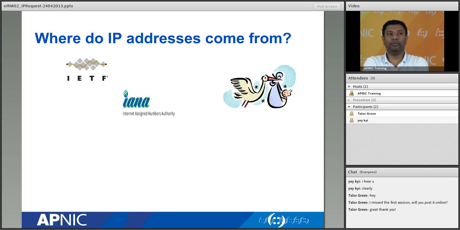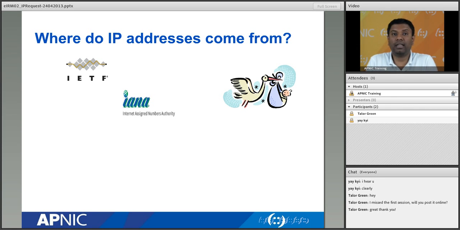Where do IP addresses come from? The IP addresses that we use to build our network, where do they come from? There are two types of address. One is the private address, for which we have a special range. If you're building your own private network, most of the time you prefer to use private addresses, because your network is not connected to the internet.